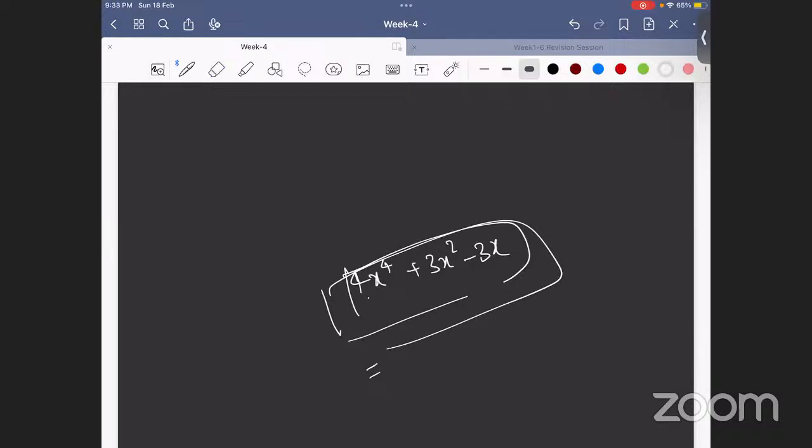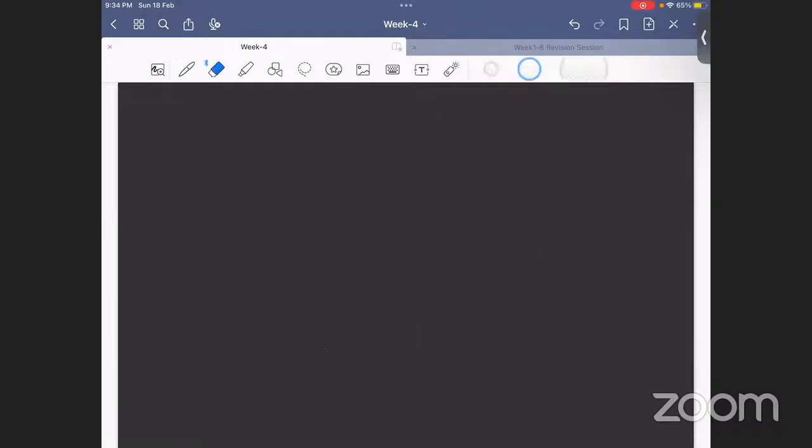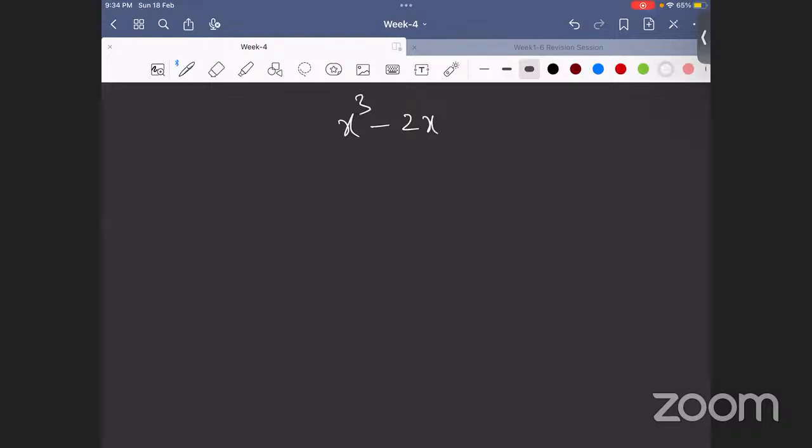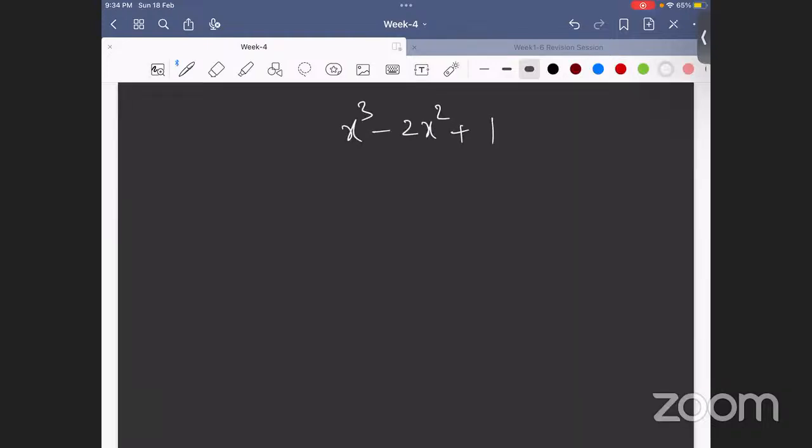Can you just write the equation, sir, for a minute? x cube minus 2x square plus 1, something like that. So in this, if I have to find when x is infinity, y should be infinity.